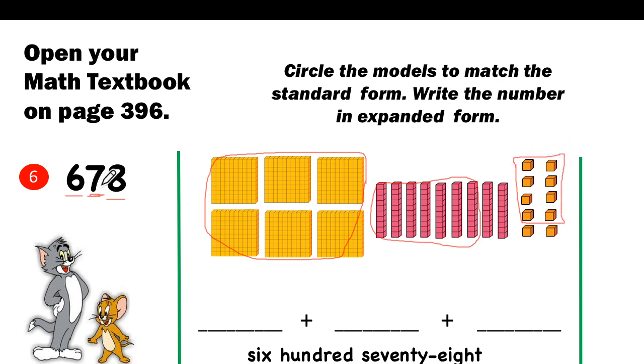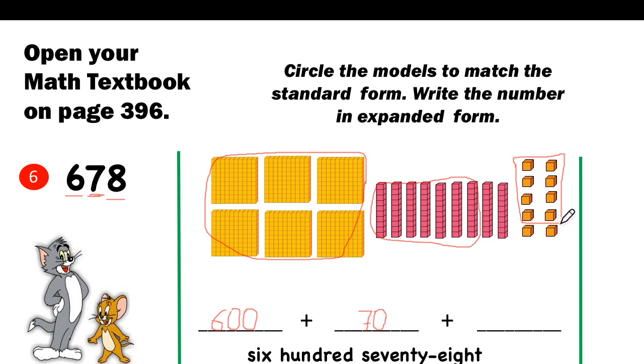Now, we already have the standard form, so we need to write expanded form. How many hundreds did we circle? 6. We will write the complete number, not only 6, we will write 600. Remember expanded form? How many tens? 7. 7 tens equals 70.